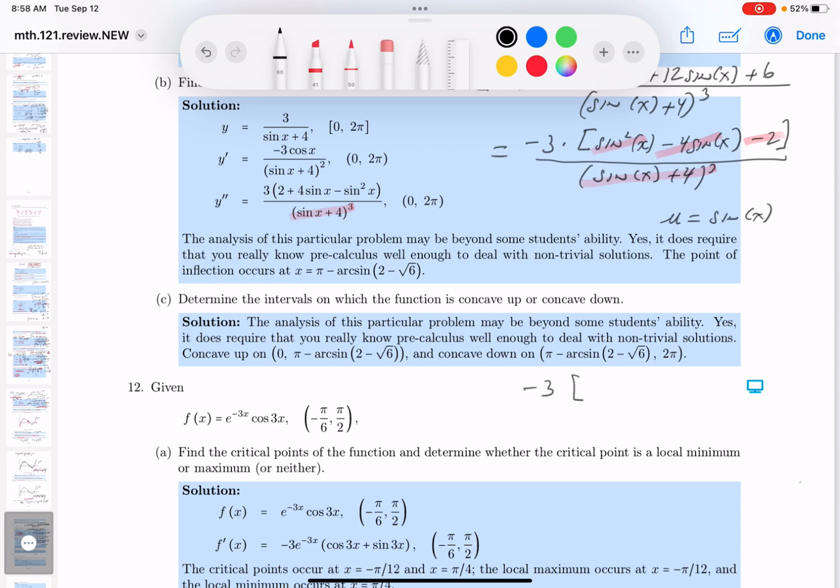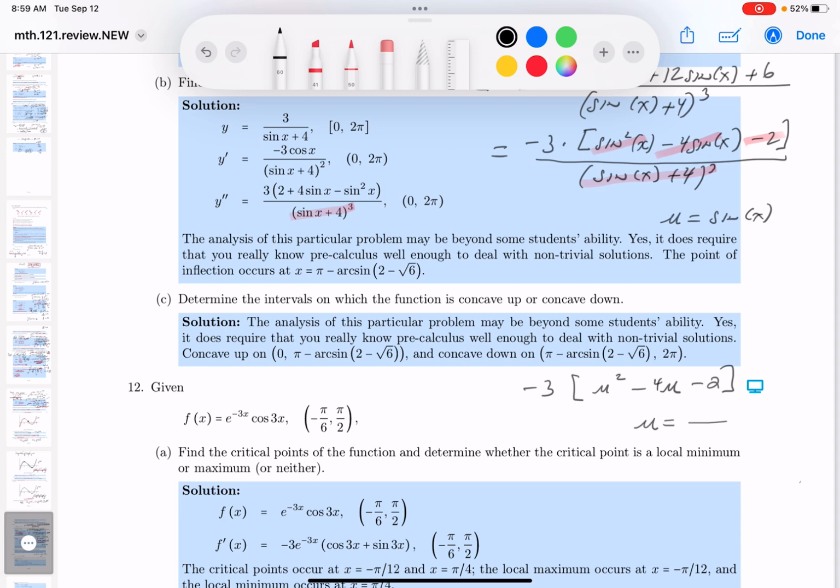So what do I do over here? This would be u squared minus 4u minus 2. By the way, that's the top. I don't think that factors nicely. So I'm going to use the quadratic formula. I'm looking at the top, by the way. We'll get back to that in a moment.